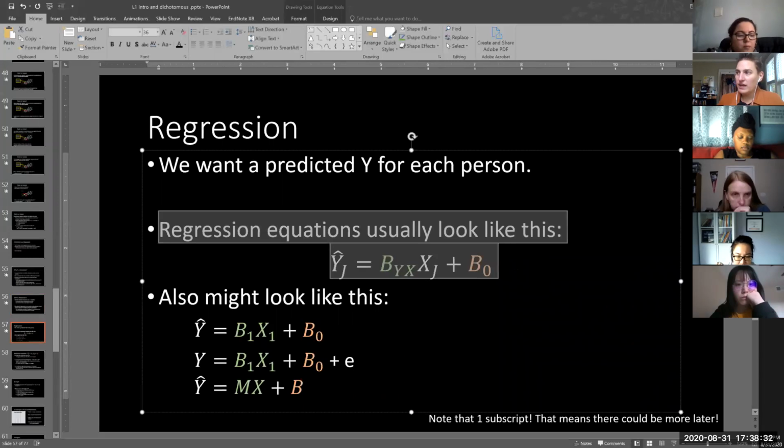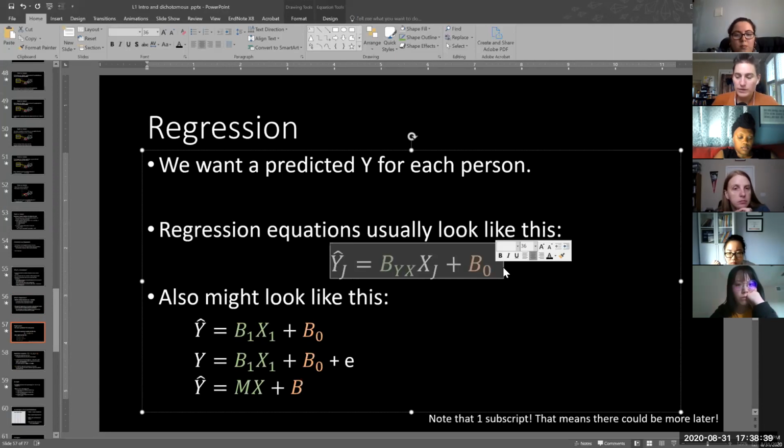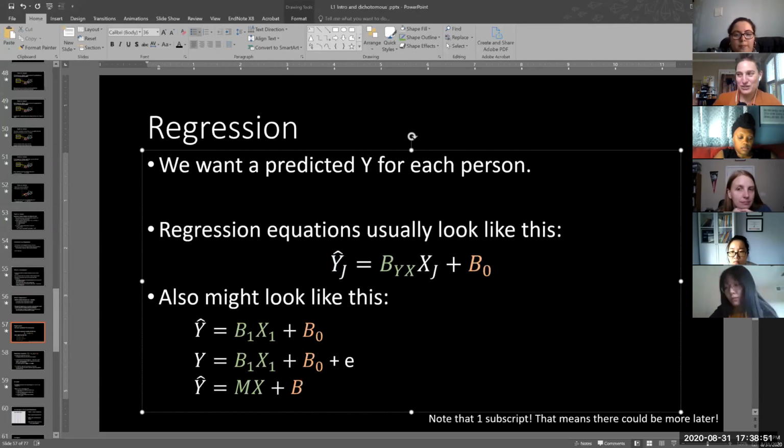The textbook that I have for you as an option refers to it like this. This is the notation that Cohen uses: y hat sub j. That just means for a person, sub j, like for someone with a j name. Y hat for person j is equal to the b of y related to x, times the x for that same person, plus b0, which is your intercept or your constant.